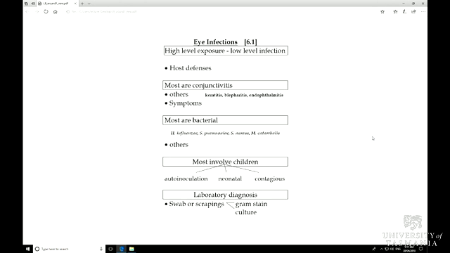The term endophthalmitis refers to infections of the actual tissue of the eye itself. Most times these come from inside, not from outside. So they're blood-borne infections. Can be viral, can be fungal, less commonly bacterial, but really uncommon.